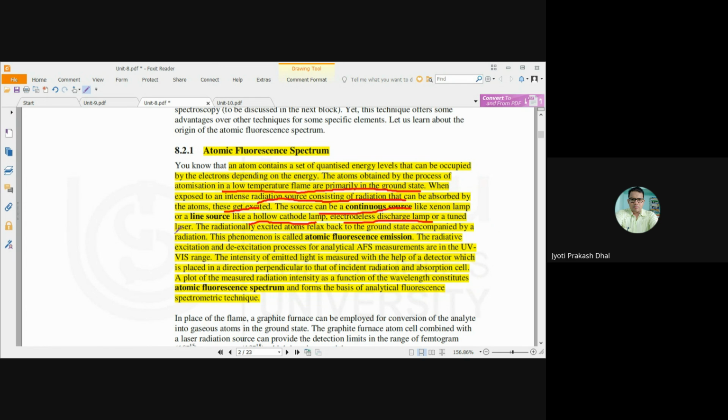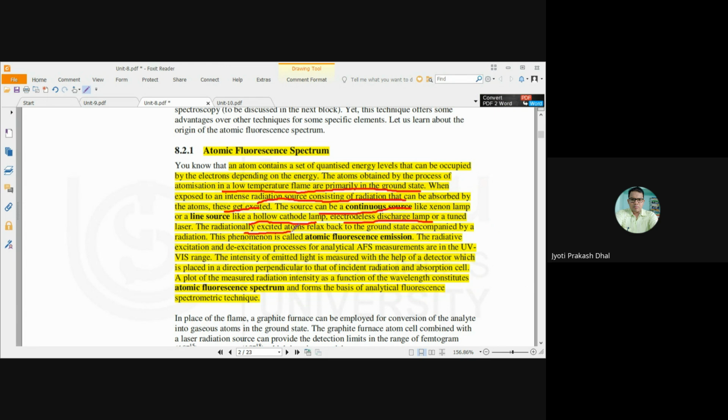So these are the different sources of irradiation.